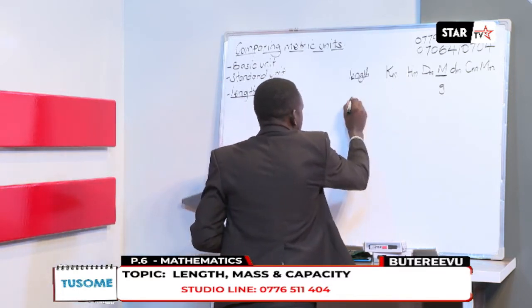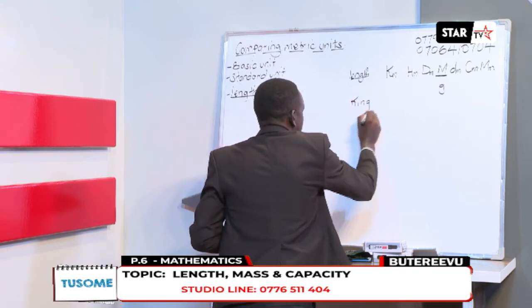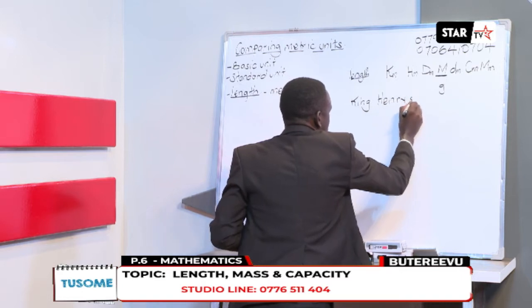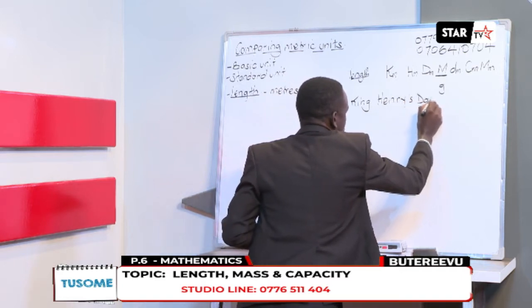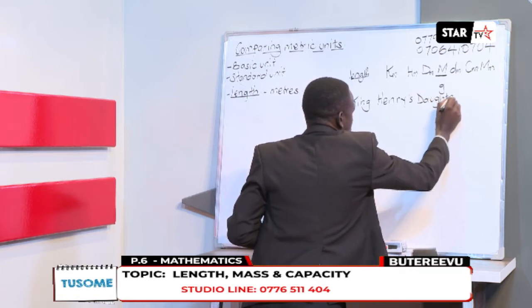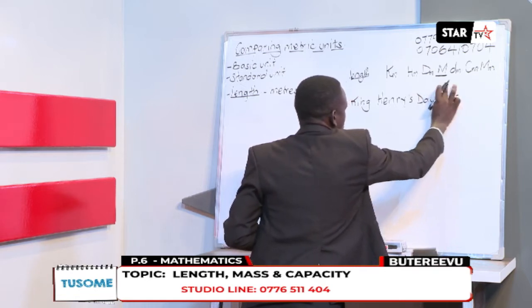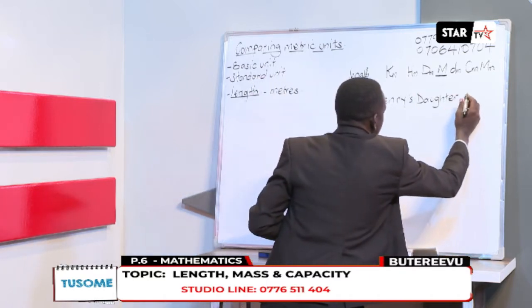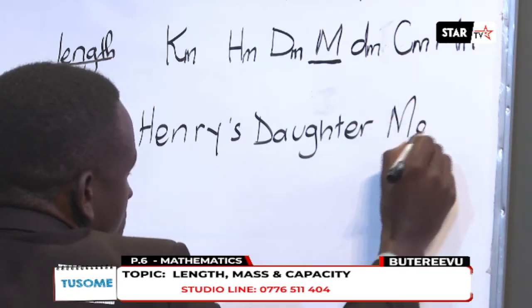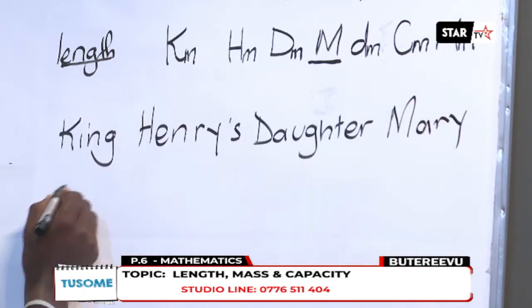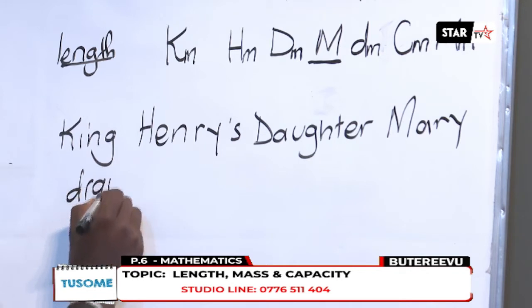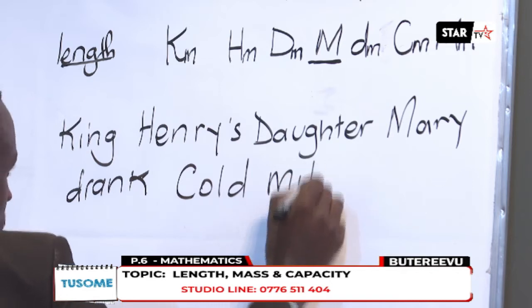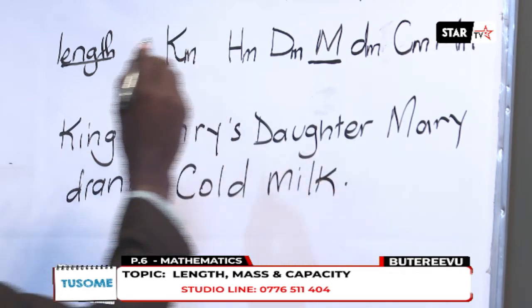I can say King Henry's daughter, Mary, then I say drank, then cold milk. King Henry's, this grams was for another unit.